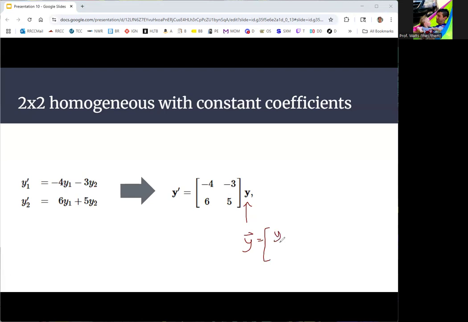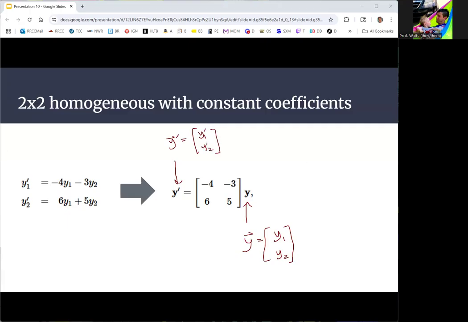So the vector y has first component y1 and second component y2. You can think of that as the solution in vector form, or you can think of it as being two separate scalar functions that comprise the solution. In the same way, this is a vector y prime, and it has components y1 prime and y2 prime.